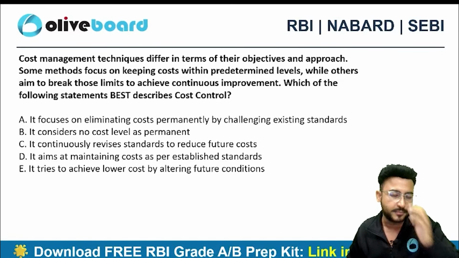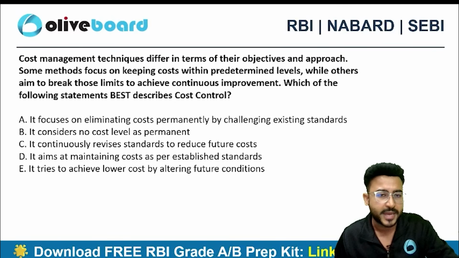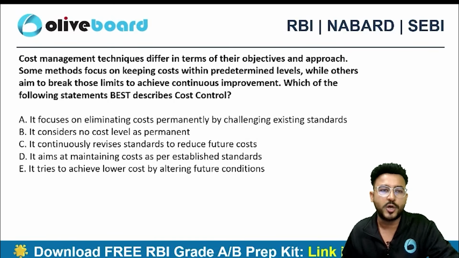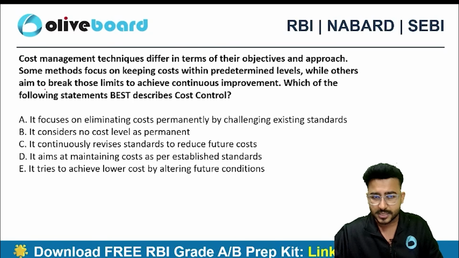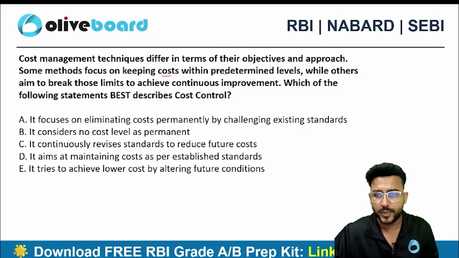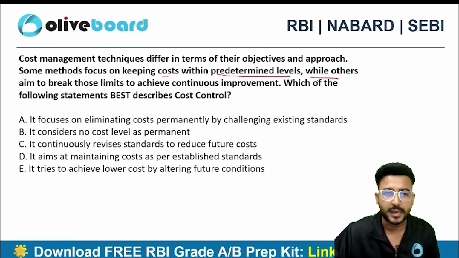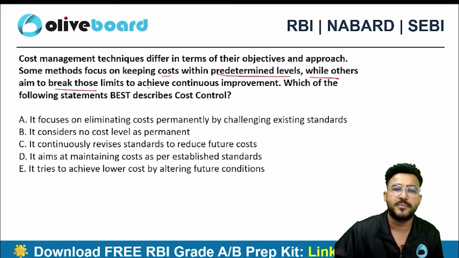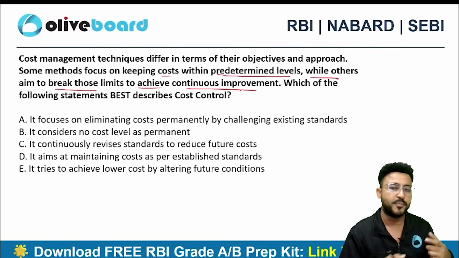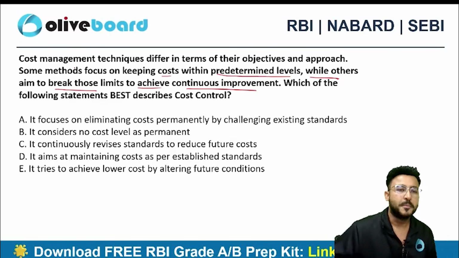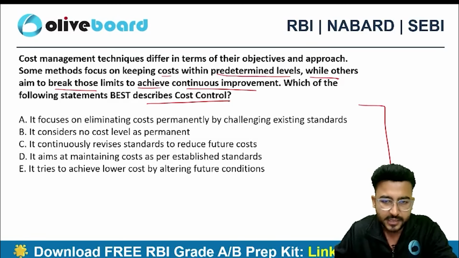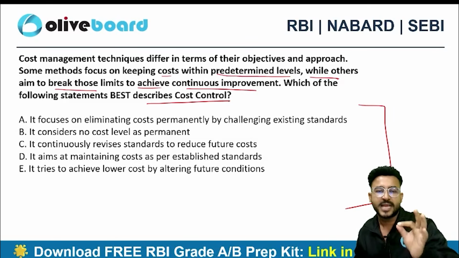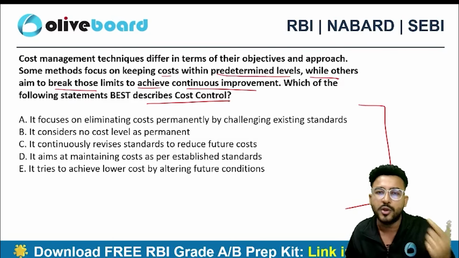Okay, next one. Cost management techniques differ in terms of their objectives and approach. Some methods focus on keeping the cost within the predetermined levels, while others aim to break those limits to achieve continuous improvement. Which of the following best describes cost control?